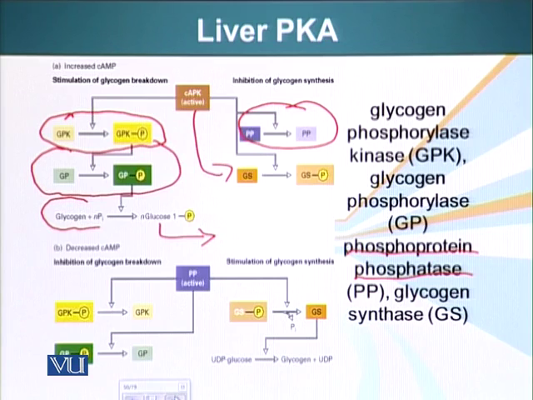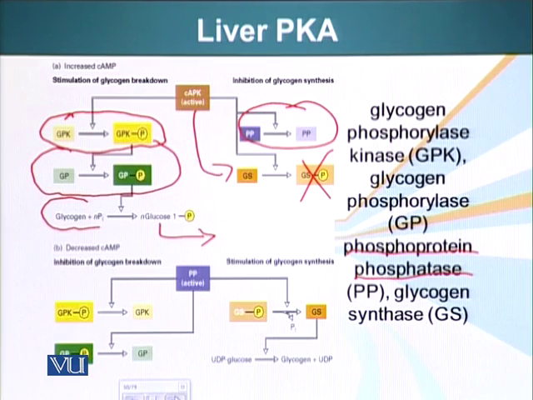Glycogen synthase in its phosphorylated form is inactive. Here are 2 examples of 2 enzymes which are activated by addition of a phosphate group. Glycogen synthase is, on the other hand, inactivated. And the net result is production of glucose. One glucose molecule is released by the liver cell, made available to the rest of the body.